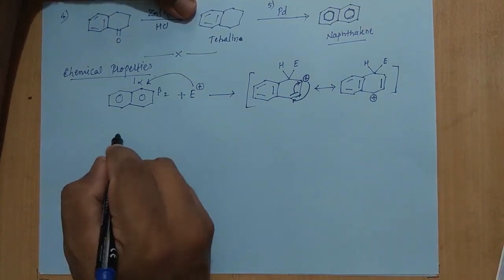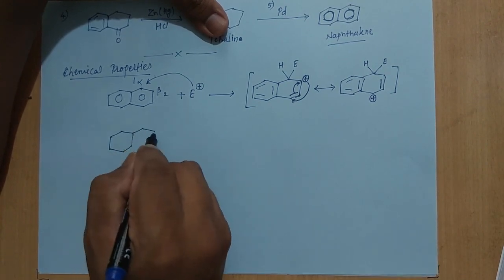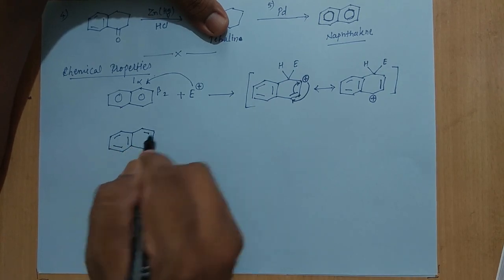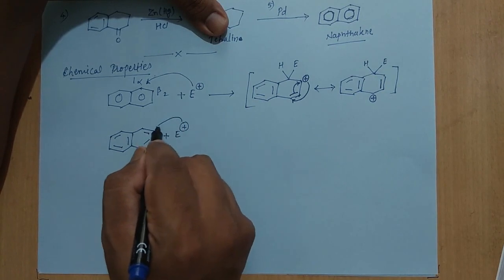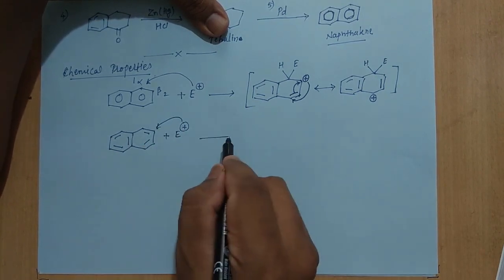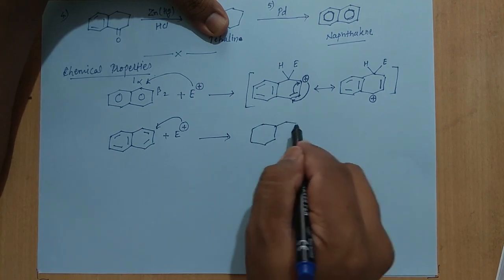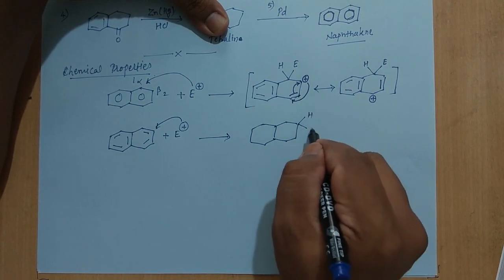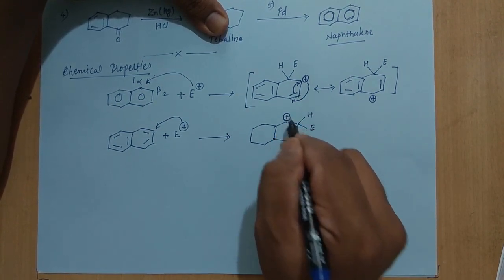Okay, now if attack takes place at second position, I will draw the same naphthalene with electrophile. Now the attack is at second position. So H and E, positive charge will be on this position.